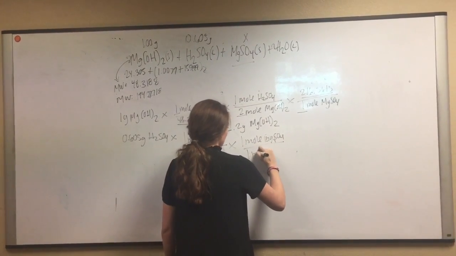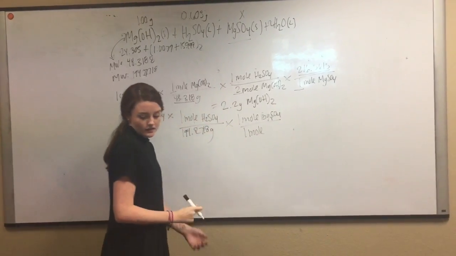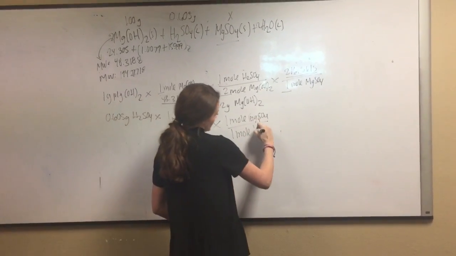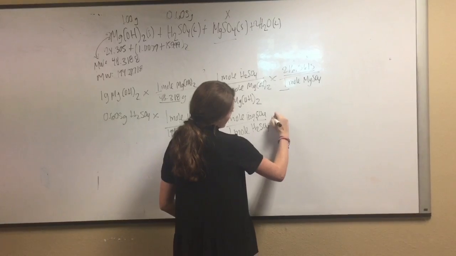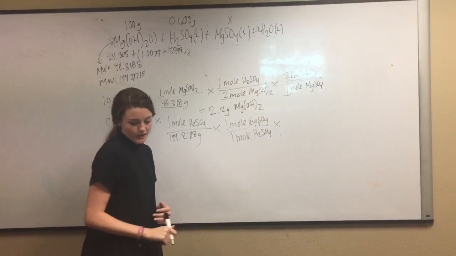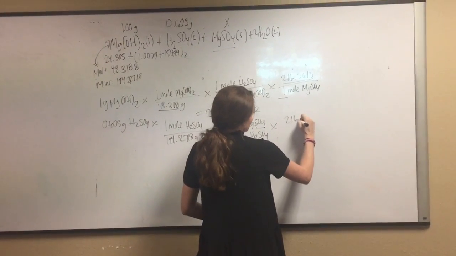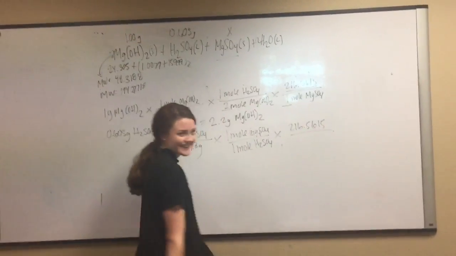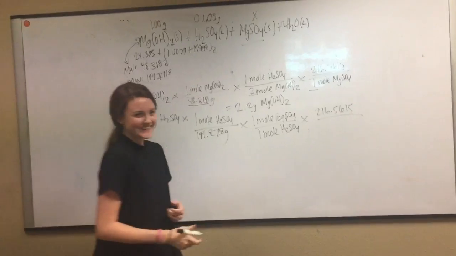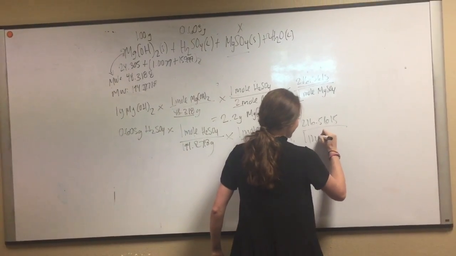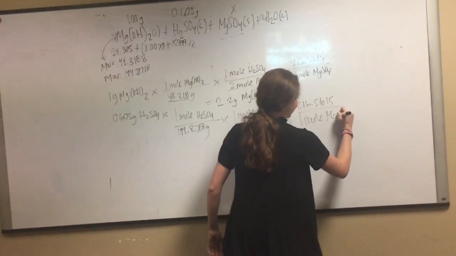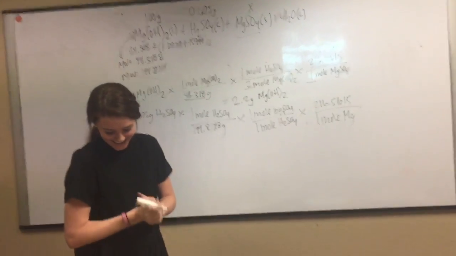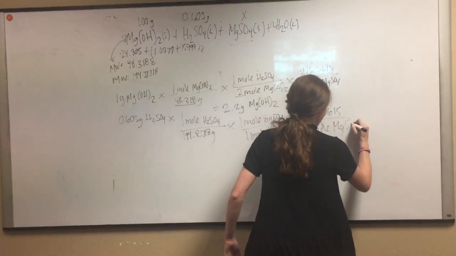MgSO4, which is 1 mole of H2SO4. Multiply it again by 216.5615, and then 1 mole of MgSO4.